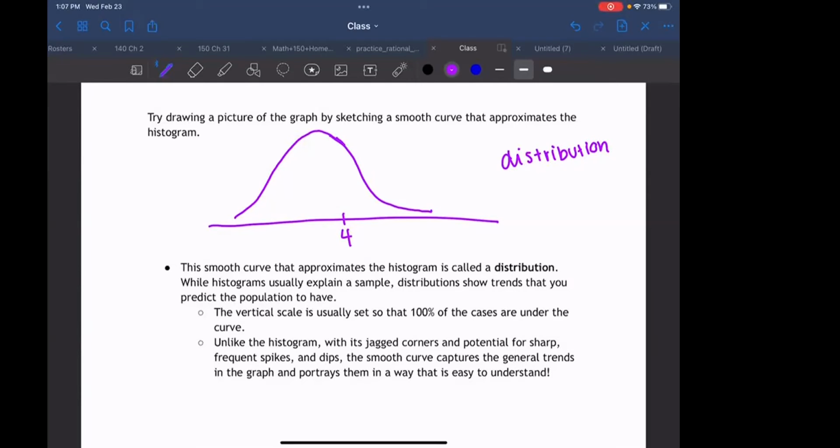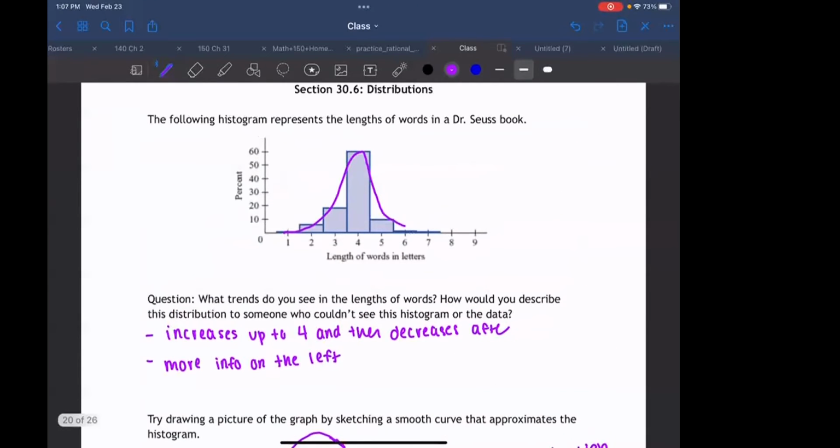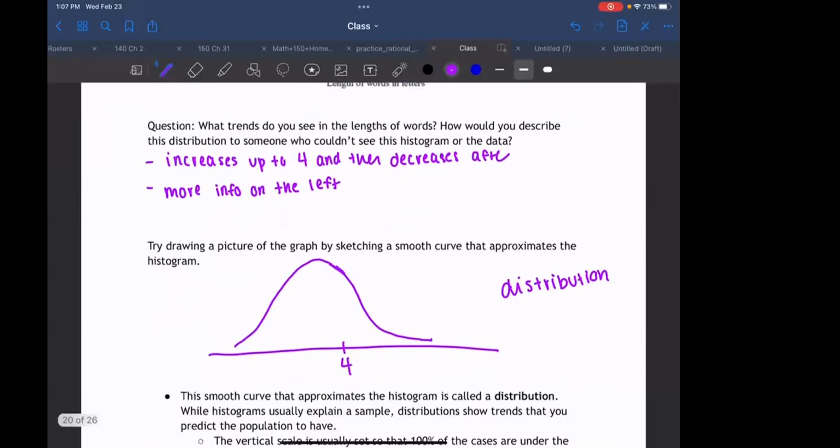Distributions are used to show trends that we either know or predict the population is going to have. So over here, we have a distribution, and we can predict, even though the histogram describes a small sample of things, the distribution generalizes everything to the population. So we can predict that the population looks like this.